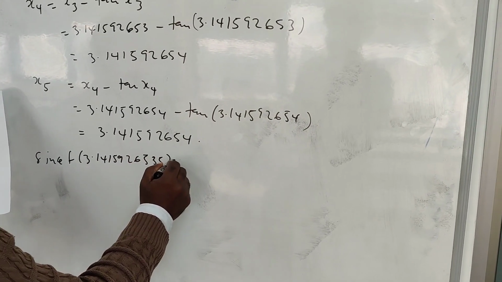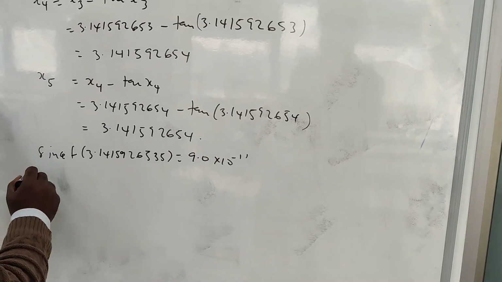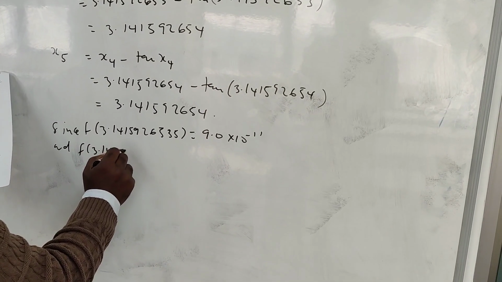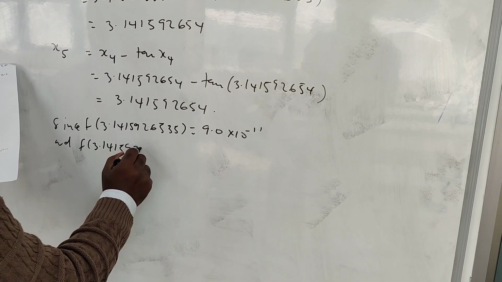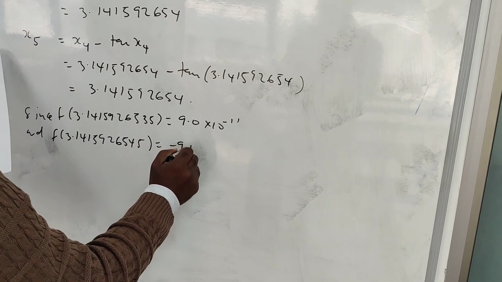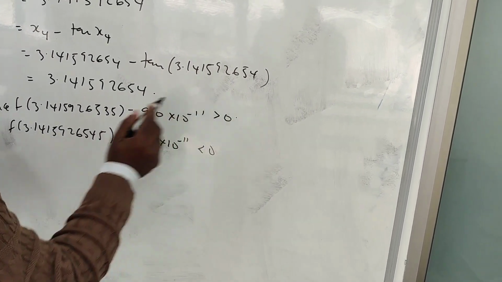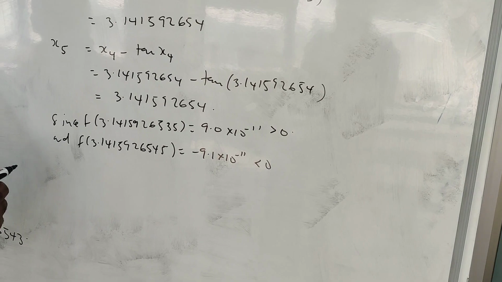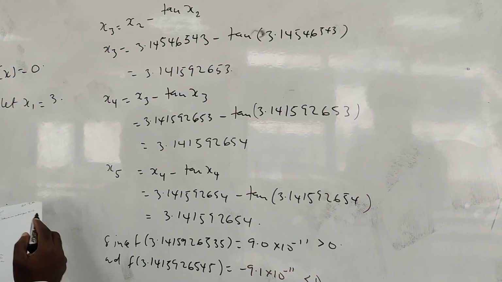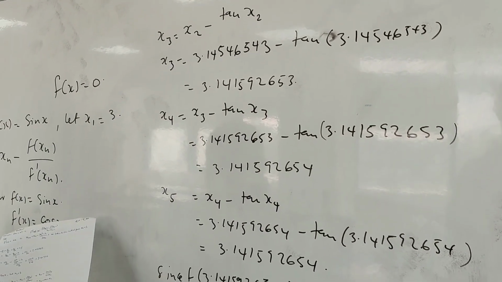If we calculate, f of 3.141592655 is equal to 9.0 times 10 to the minus 11, which is greater than 0. We also have f of 3.1415926545 equal to minus 9.1 times 10 to the minus 11, which is less than 0. So we see from here that the solution to the root of this equation, f of x equals sine x, is given as pi.